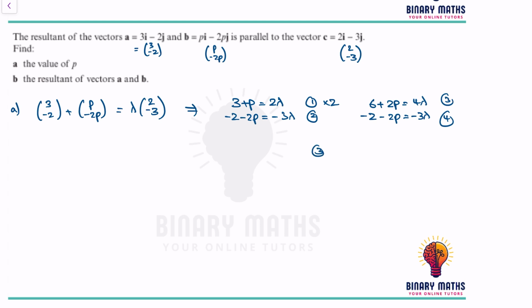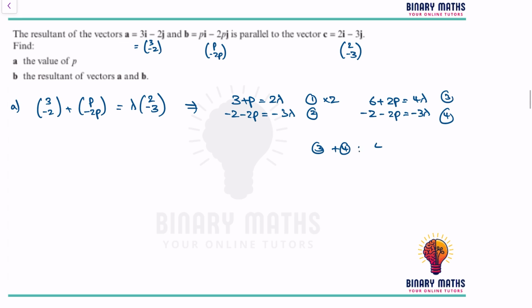So if I do 3 add 4, I eliminate P, so all I'm left with is 4 is equal to lambda. If lambda is equal to 4, 3 plus P is equal to 2 lambda, which implies 3 plus P is equal to 8, which means P is equal to 5.